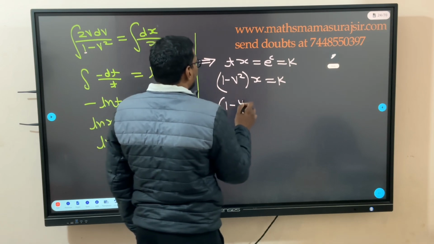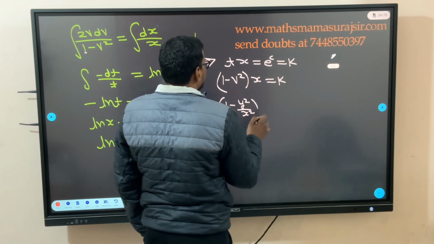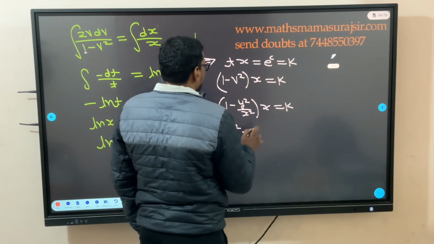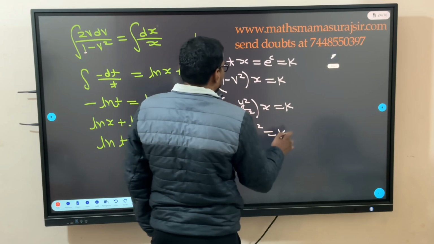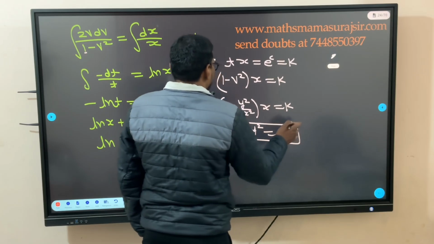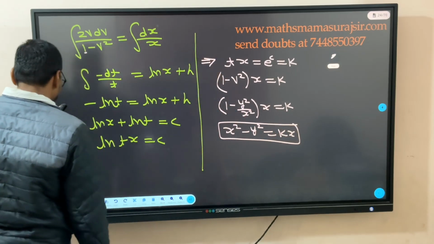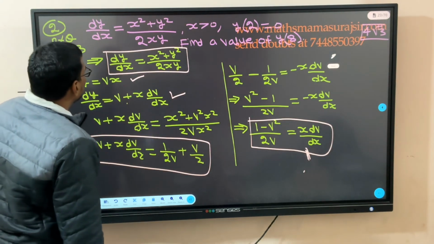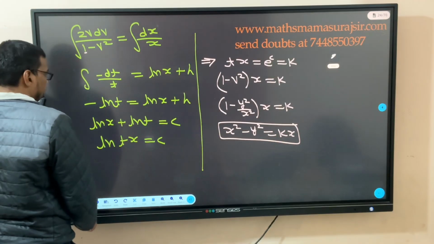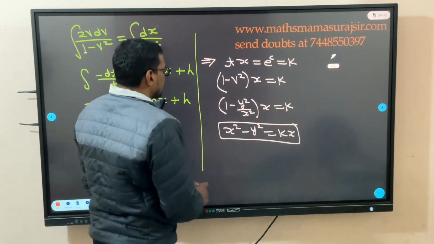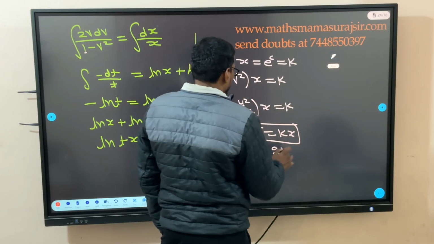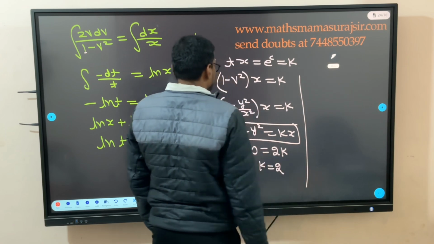Y by x, so 1 minus y square by x square, times x equal to k. So x square minus y square is equal to kx. Okay, this is the equation. But how to get that k? Y of 2 is 0, so 4 minus 0 is equal to 2k. K is 2. We got k as 2.